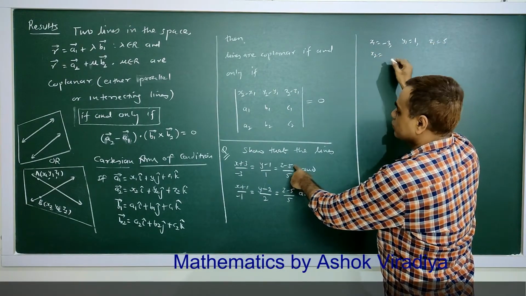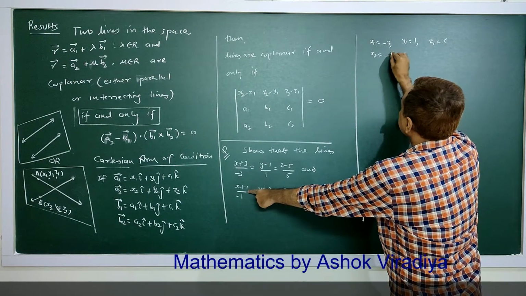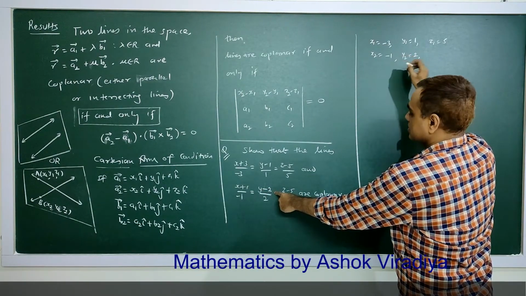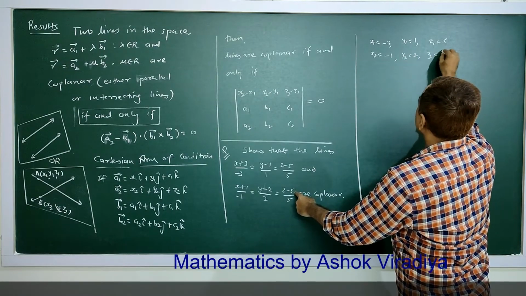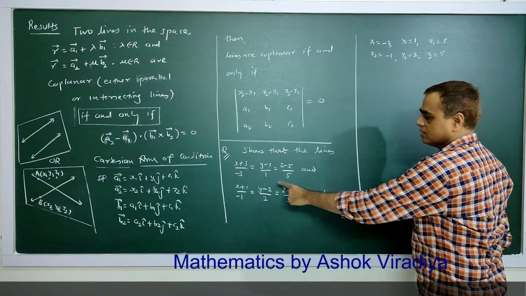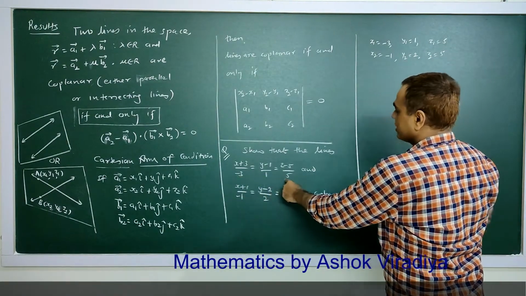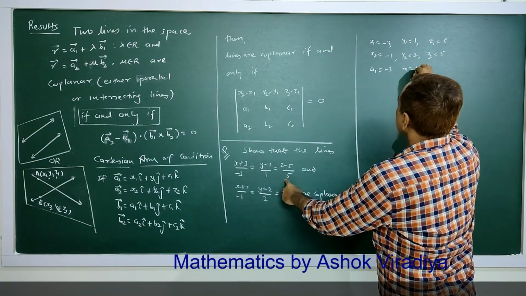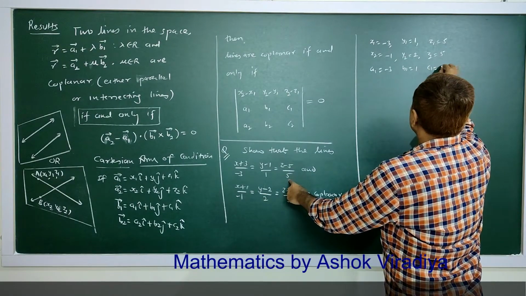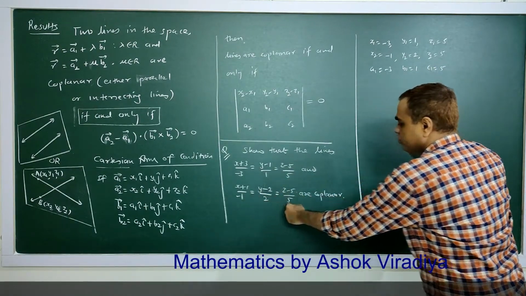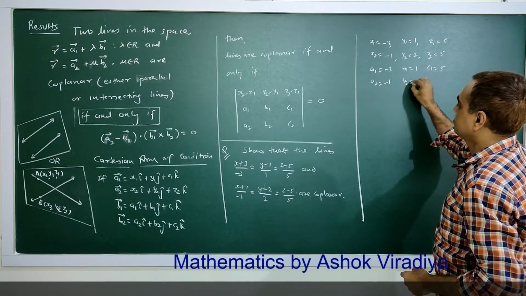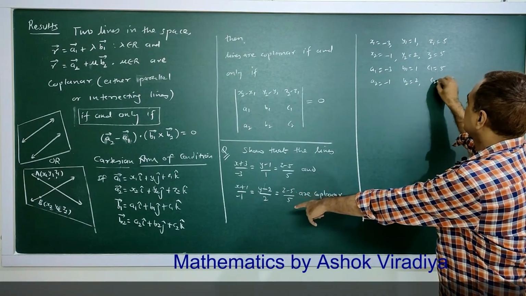Then x2 y2 z2: x2 is minus 1, y2 is 2, z2 is 5. These are a1 b1 c1: a1 is minus 3, b1 is 1, c1 is 5. a2 b2 c2: a2 is minus 1, b2 is 2, c2 is 5.